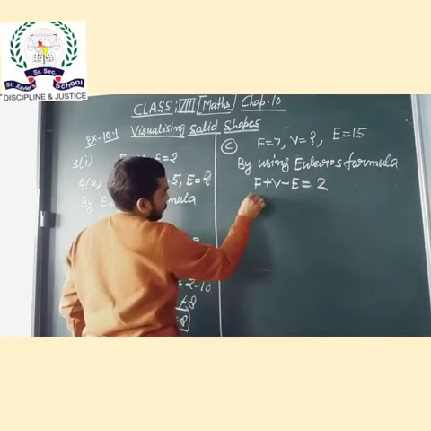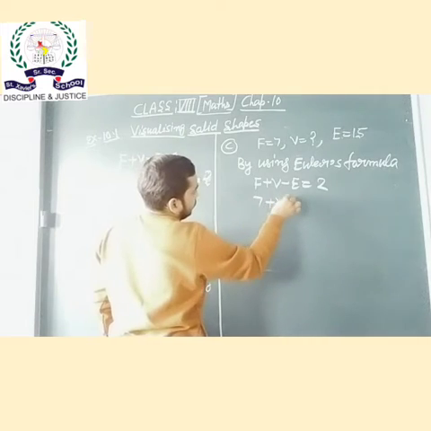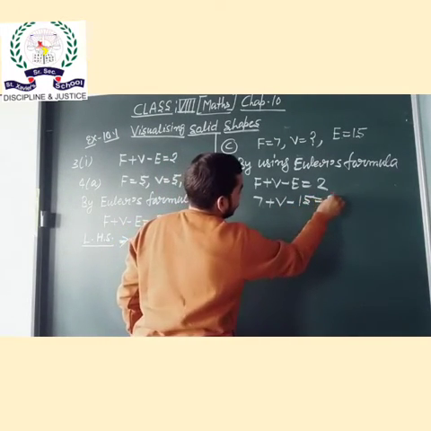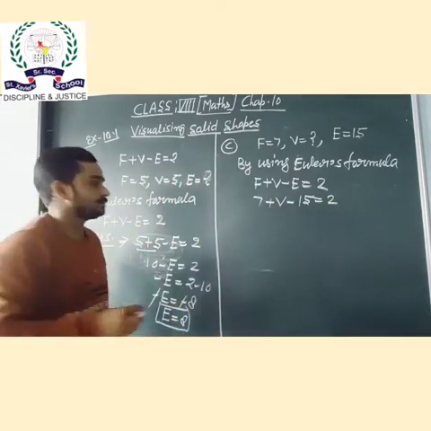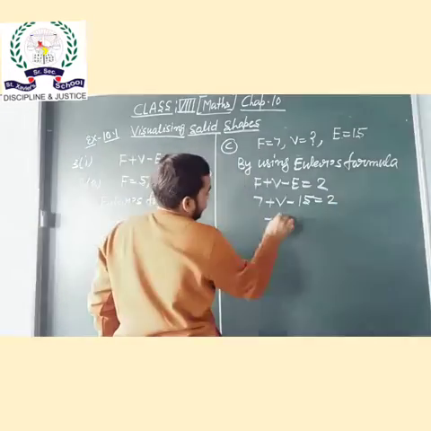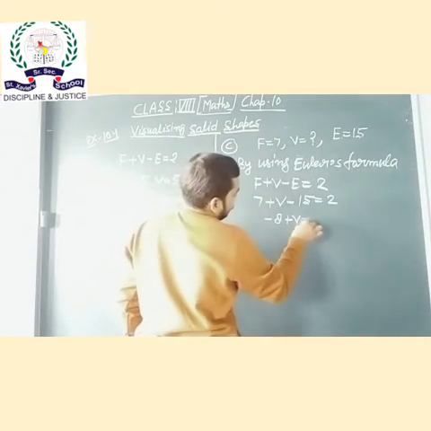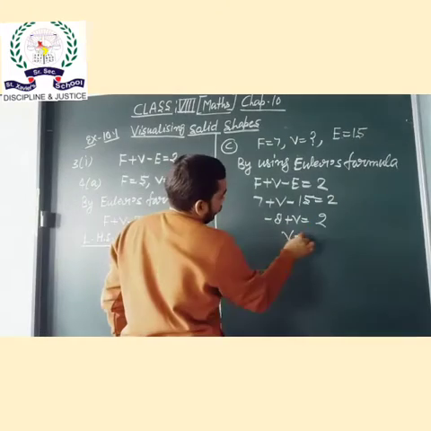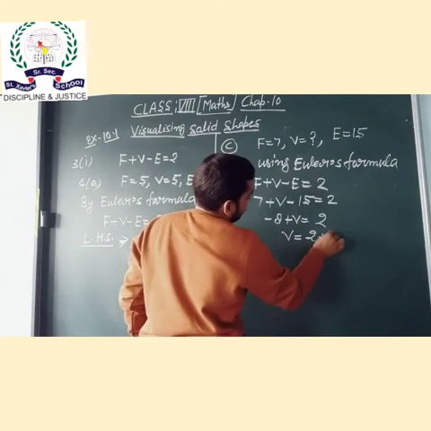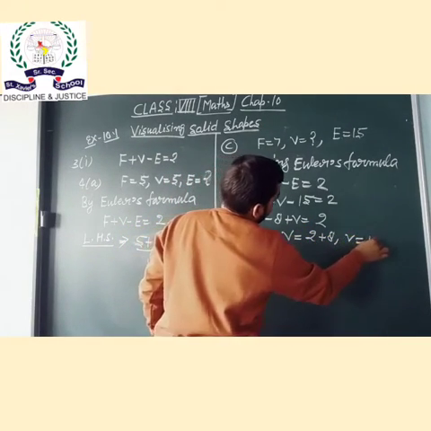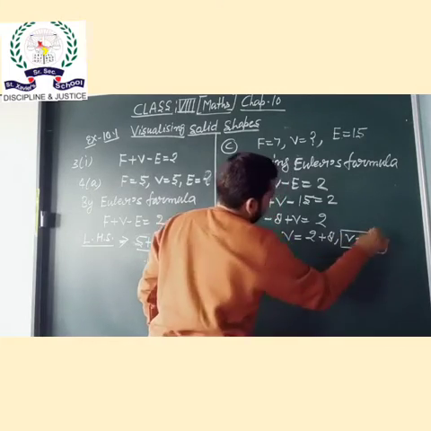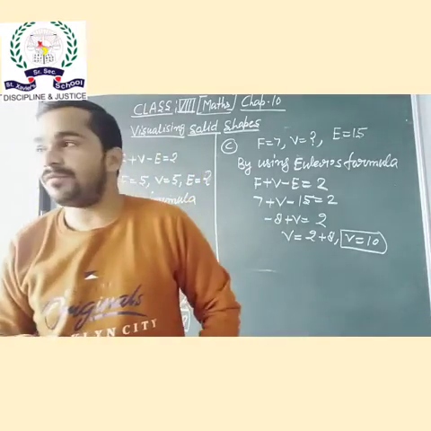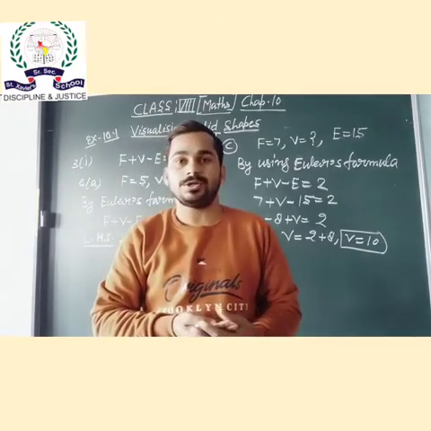Number of faces is 7. 7 plus V minus E, which is 15, equals 2. 7 minus 15 is minus 8, plus V equals 2. Transpose minus 8 to the right side. So we have V equal to 2 plus 8, that is equal to 10. So the number of vertices is 10. This time we have solved question number 4, where we had to find the unknown value by using Euler's formula.